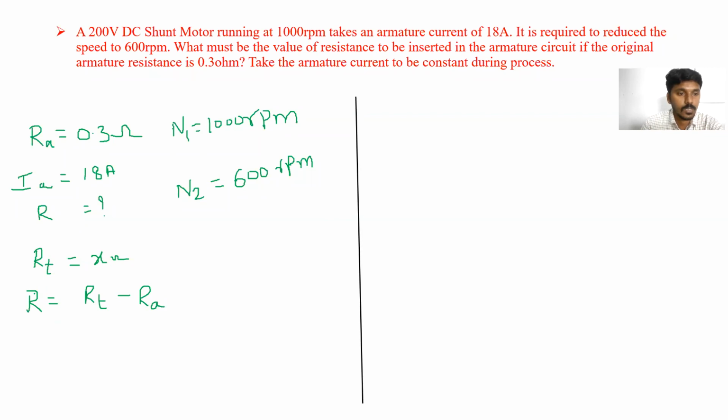We can find out how much resistance can be inserted for decreasing the speed from 1000 rpm to 600 rpm. Clear?